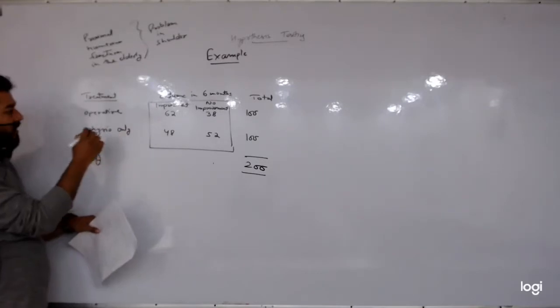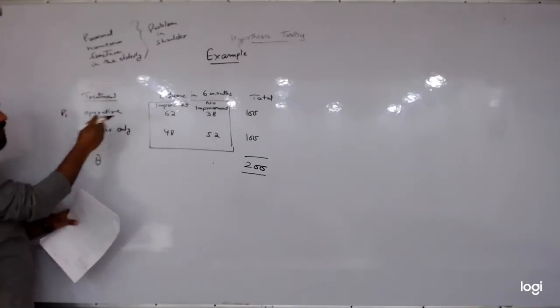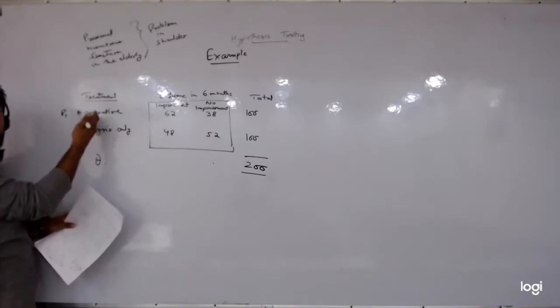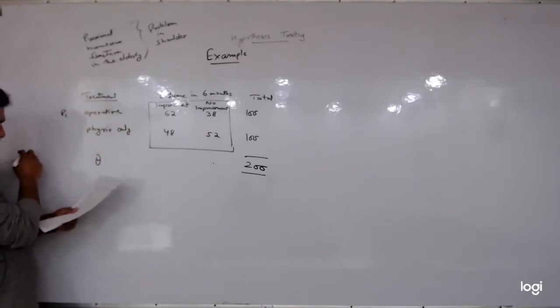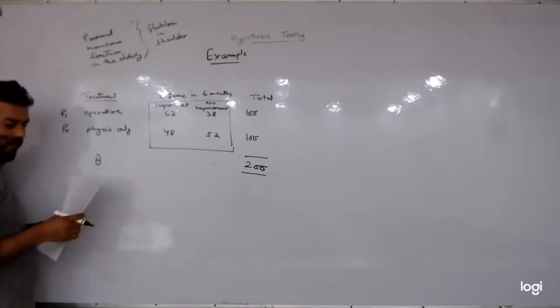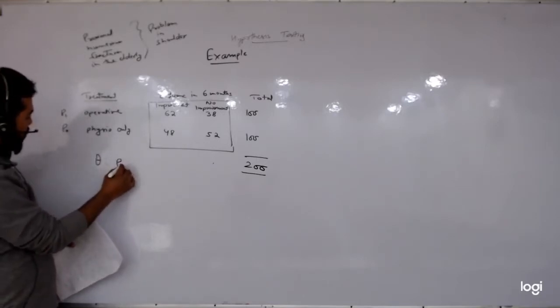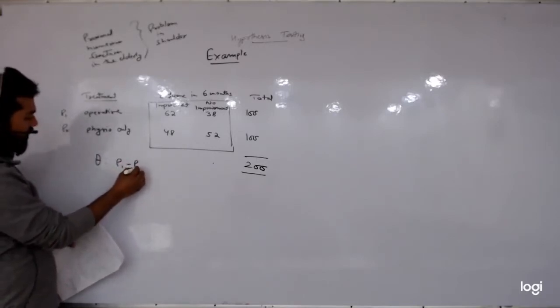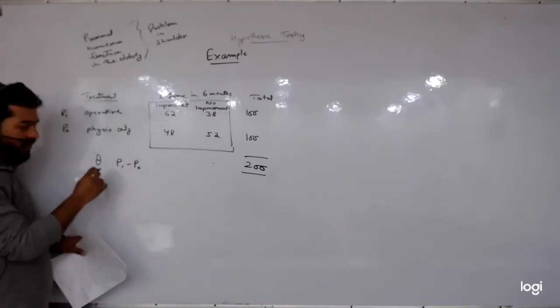Let's say P sub 1 is the proportion of patients which showed improvement when they went through operative procedure, and P naught for physio only procedure. So theta would be P1 minus P naught. Okay, this is theta.